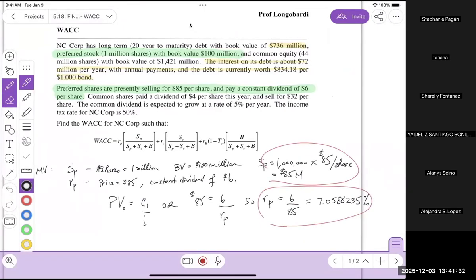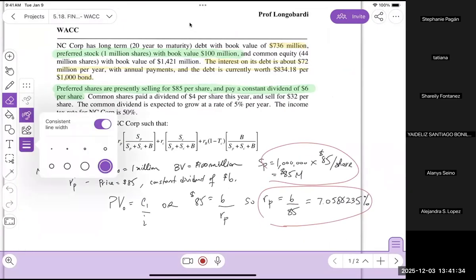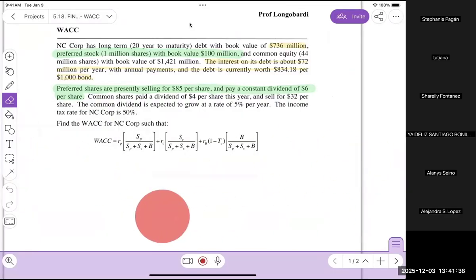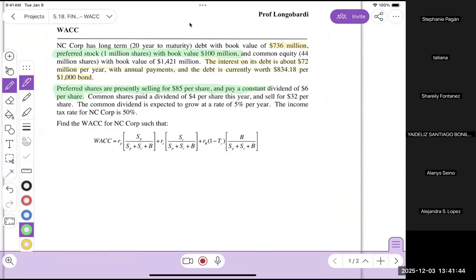Here, let's clean it up. All right, let's do the last common stock. Oops, what did I do? That's that one. Okay, let's do blue for common stock.